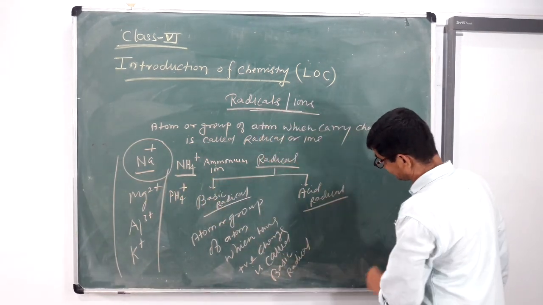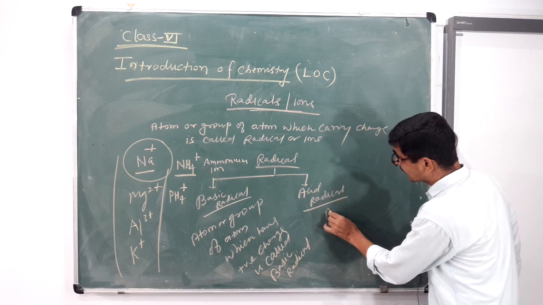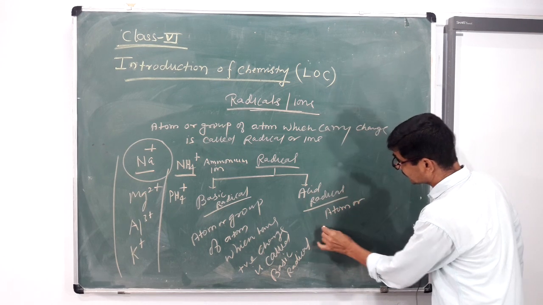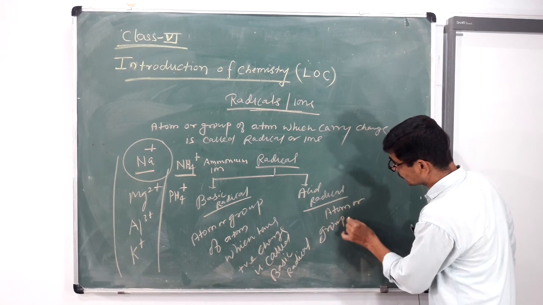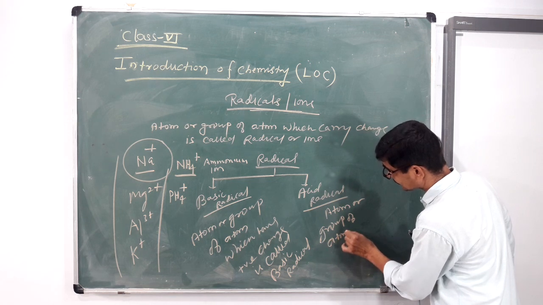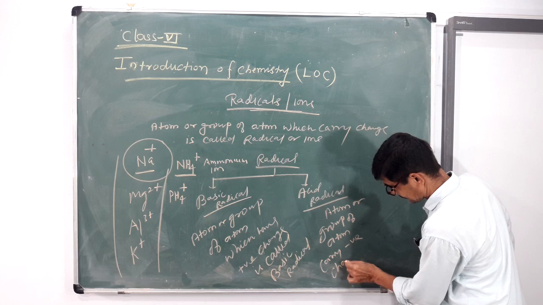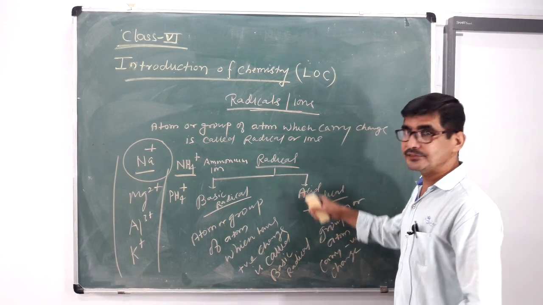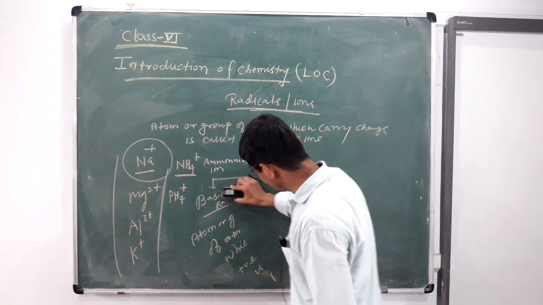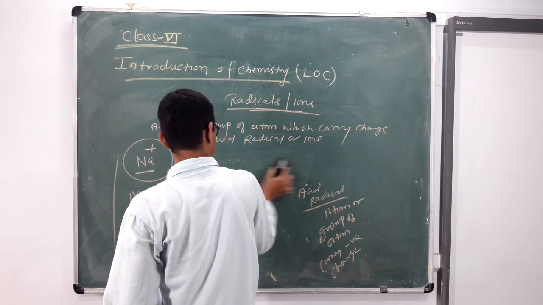Now acid radical. Atom or group of atom carrying negative charge is called acid radical. Acid radicals are further classified into two groups.